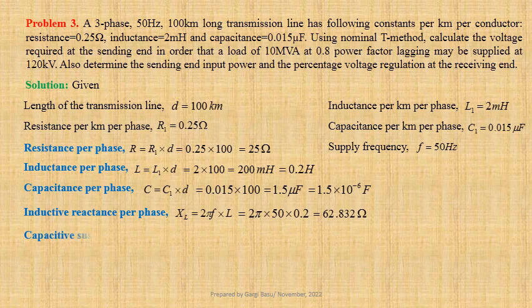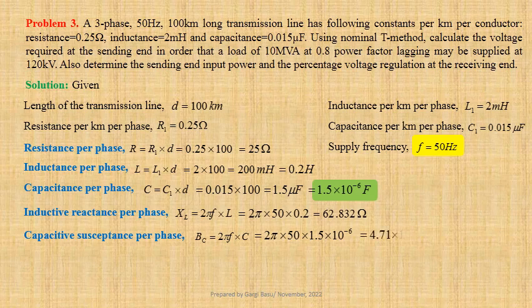And capacitive susceptance per phase BC equals to 2 pi f into C. Using values we get 2 pi into 50 into 1.5 into 10 to the power minus 6. That gives us 4.71 into 10 to the power minus 4 mho.